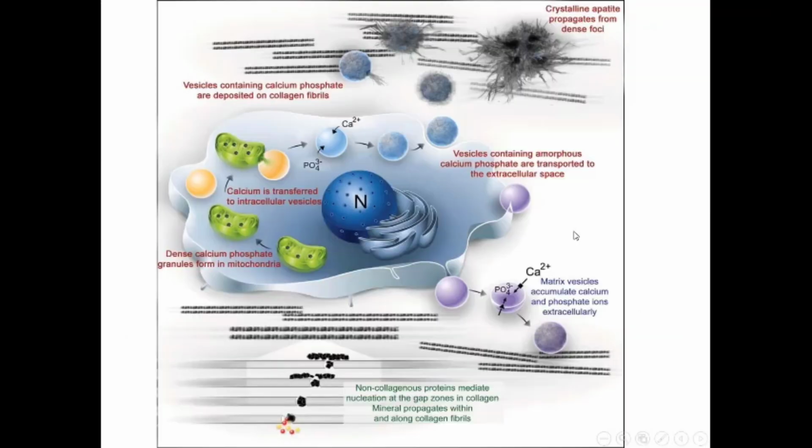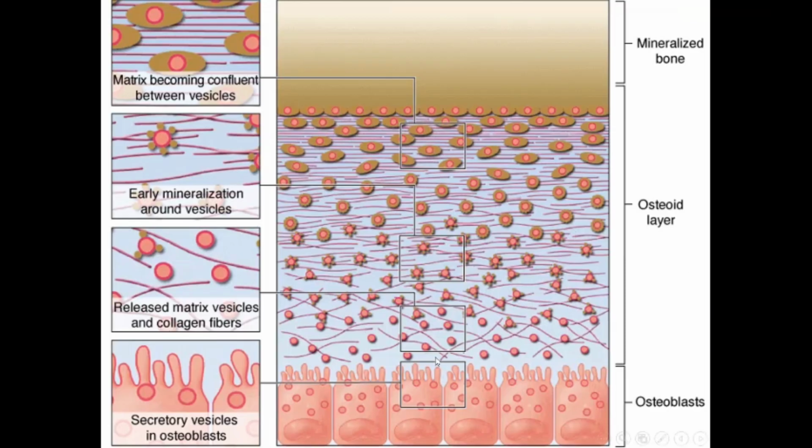If I go back to this slide, you can see the outgrowth of hydroxyapatite crystals, an increase in their number, and attachment to the hydroxyapatite-filled vesicles, making a confluent mass of mineral, or calcified, material.